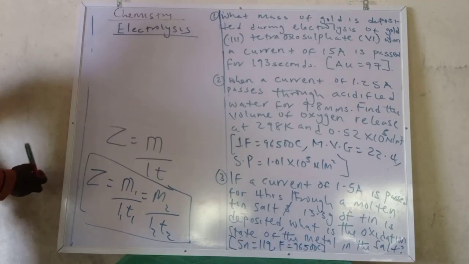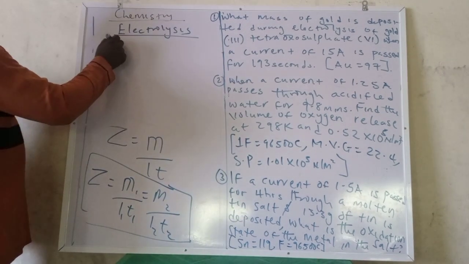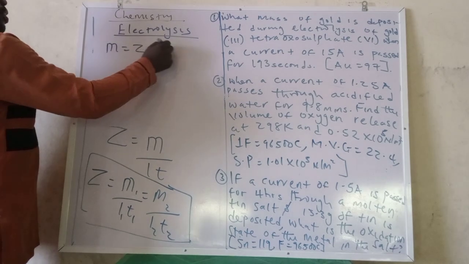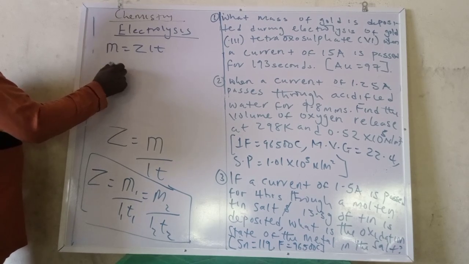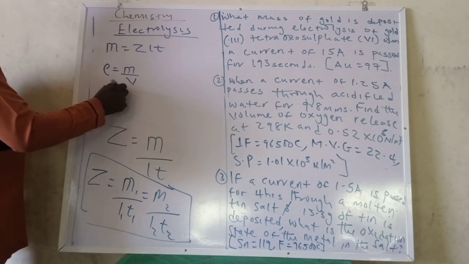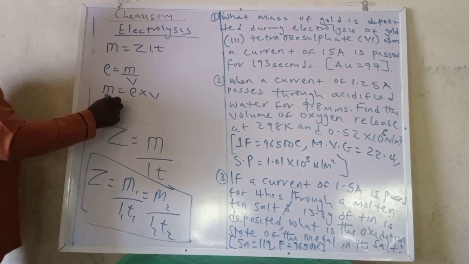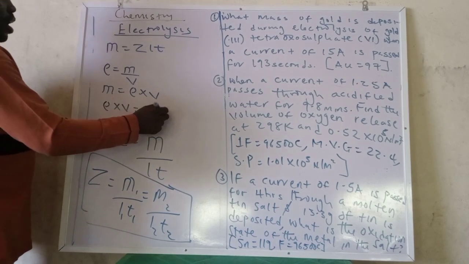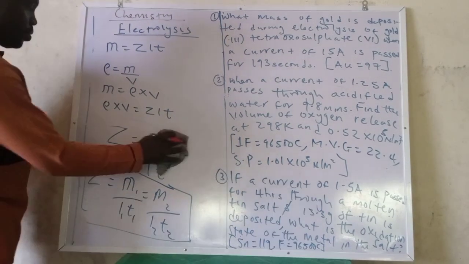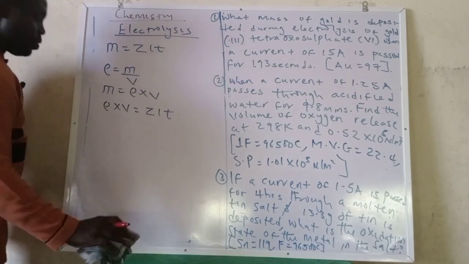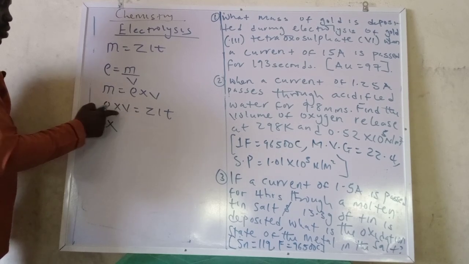Looking at what we have now, if we incorporate the knowledge of physics, we have ZIT. From physics, mass is density times volume. So we have density times volume equals ZIT.